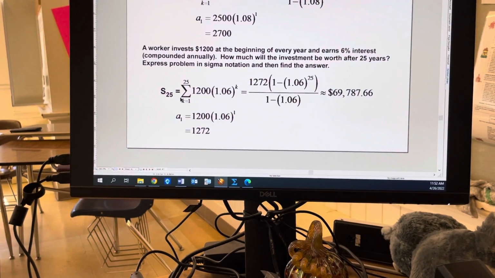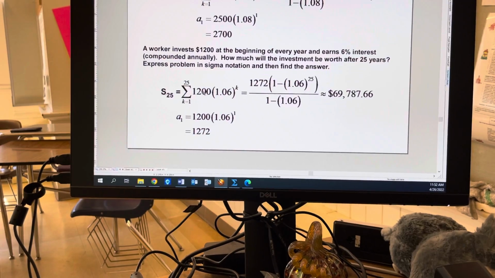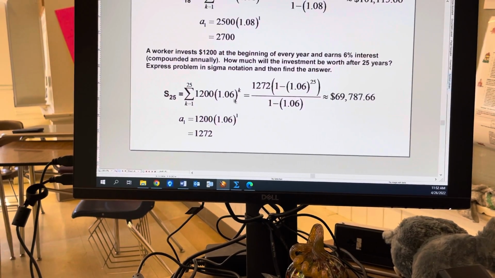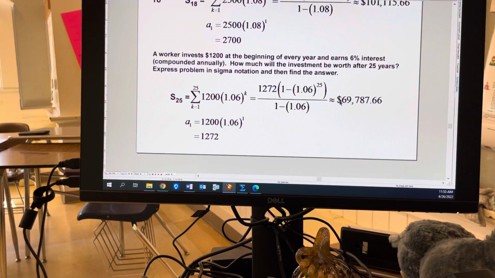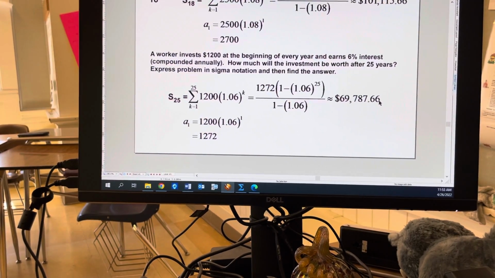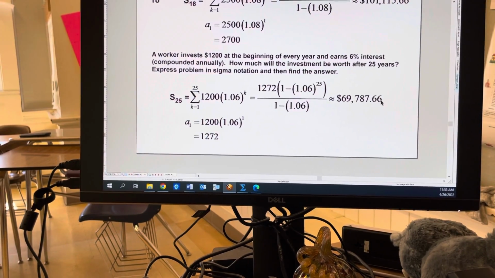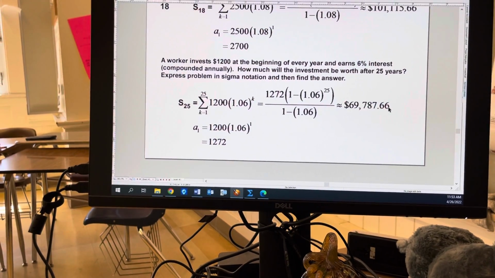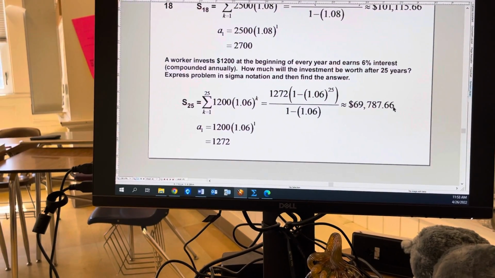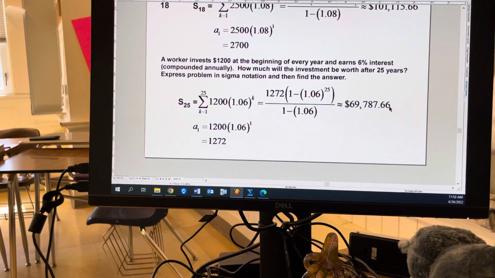So you can see, guys, just by putting $1,200 away every year, that's not that much, if it's growing at 6%, I'm going to end up with close to $70,000 at the end of 25 years. So anyway, that is our lesson for today. And now you guys can work on the geometric series homework. I will see you guys Friday.